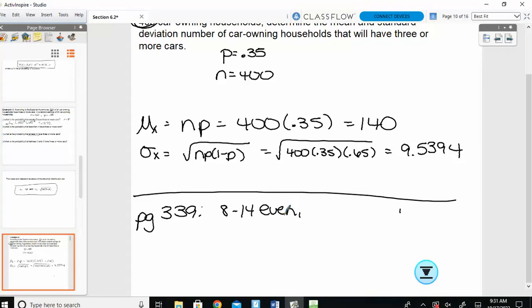All of those are just telling me if it's binomial or not a binomial. The A, C. Yes, part A and C.